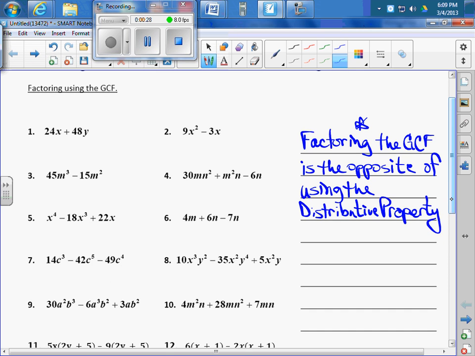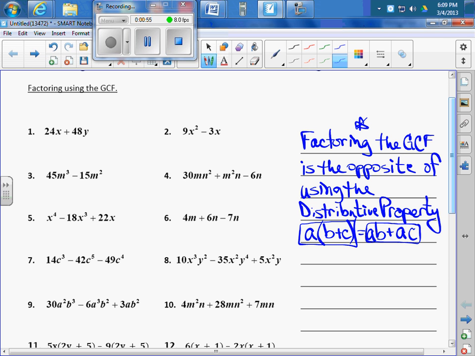If you recall, when we would use the distributive property, we would take A on the outside of the parentheses times the quantity B plus C, and what we would get is A times B plus A times C. Well, that's what we used to do with the distributive property. Now, in factoring, I'm going to give you the answer, basically, and you're going to give me the problem.